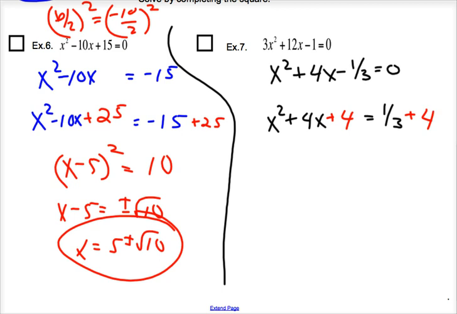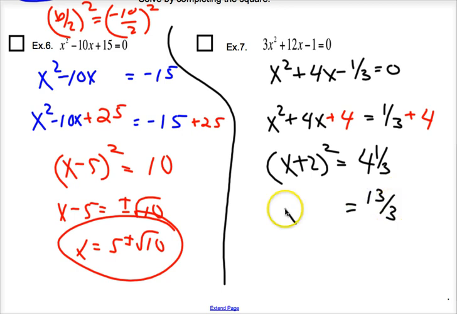That will allow me to factor the left into x plus 2 quantity squared. And when I add the right, I get 4 and 1/3. 1/3 plus 4 is 4 1/3. I would change that to 13/3. Now you've got some simplification to do like we had yesterday.